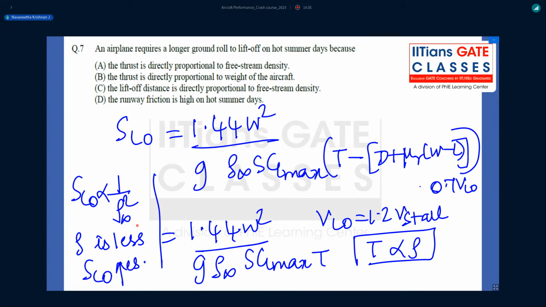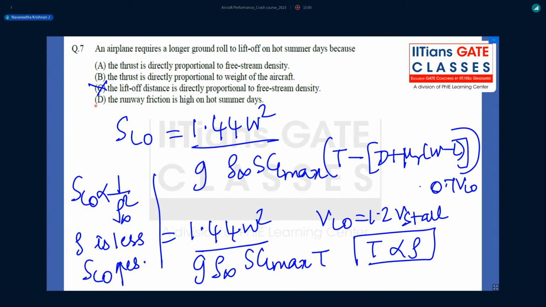So during hot summer days, the lift-off distance increases. The lift-off distance is inversely proportional to density. So option C is wrong, because it is not directly proportional to density. It is inversely proportional to density.